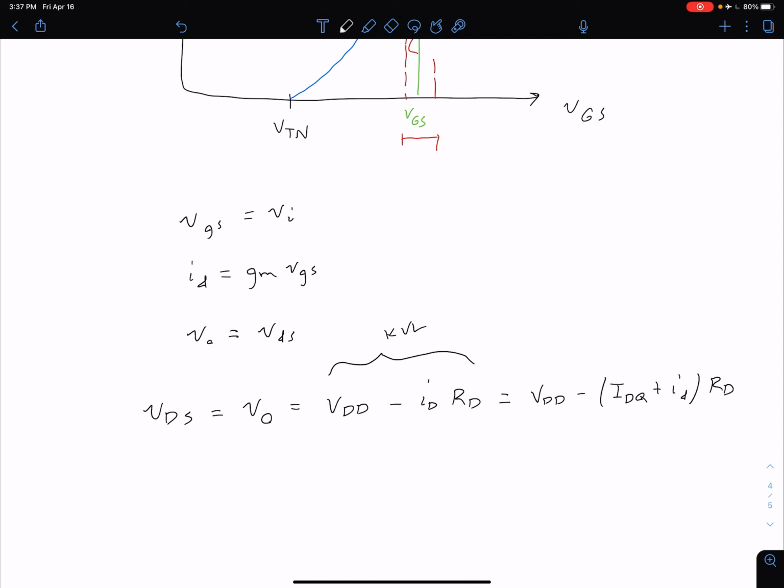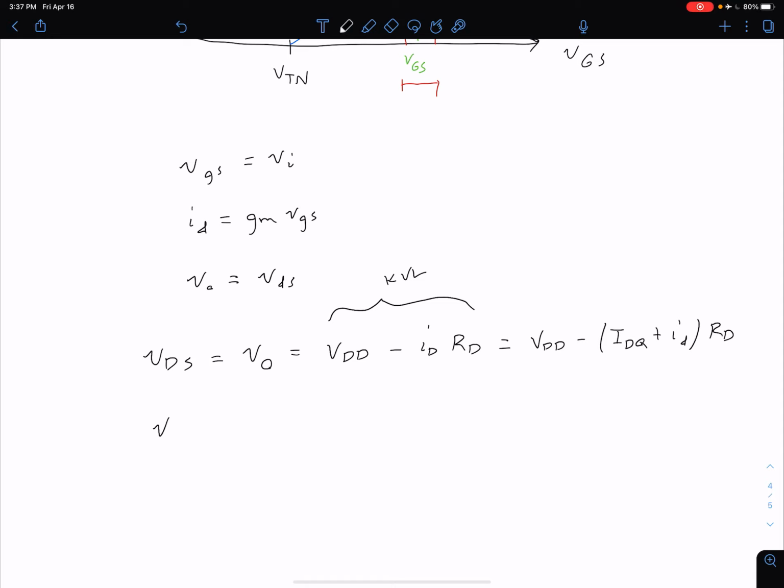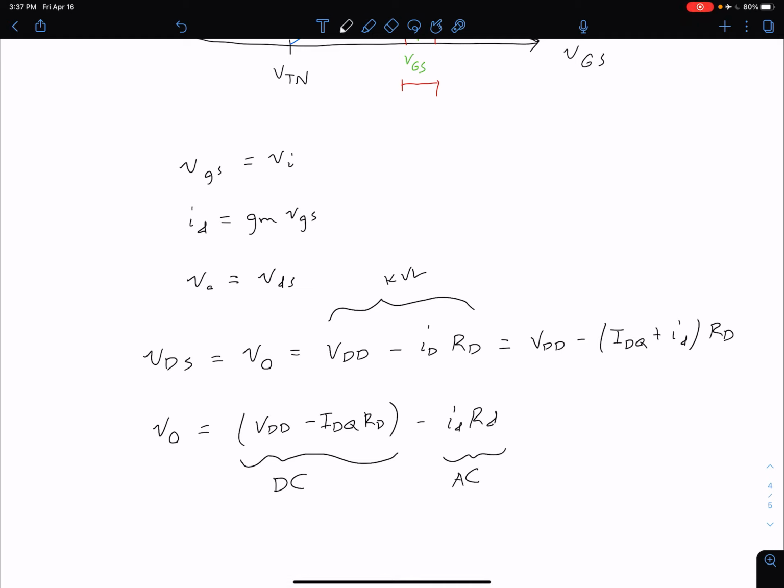If we multiply this term out, we're going to get an AC component and a DC component. So our overall Vout is equal to VDD minus IDQ times RD, minus lowercase id times RD. This first term is our DC component, and the second term is our AC component.